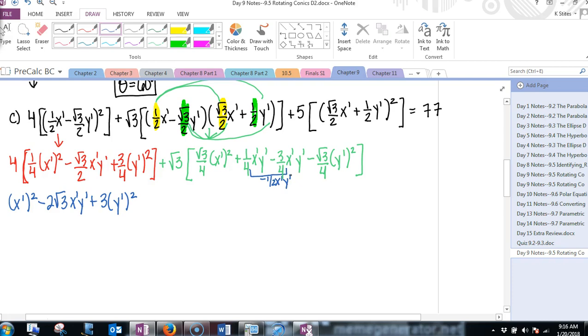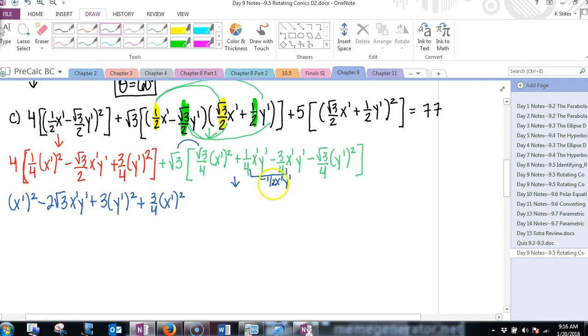All right, and then I'm going to go ahead and distribute my root 3 to all of that. So root 3 times root 3 over 4 is just 3/4 x prime squared, and I'm going to move this over so I have more room. And then I'm going to do root 3 times the negative 1/2. Okay, again, you can distribute to each of those if you want. I'm just going to do this.